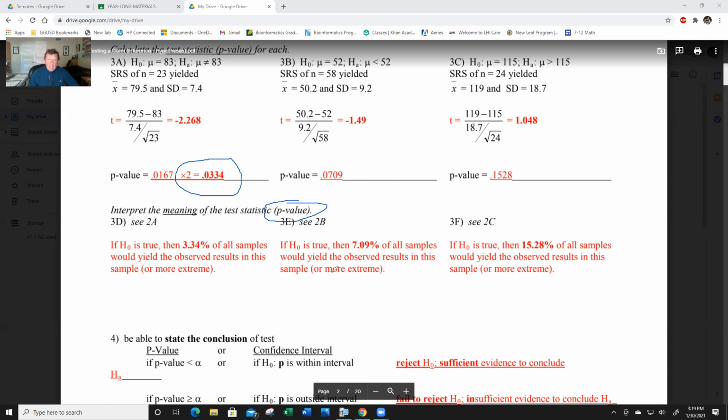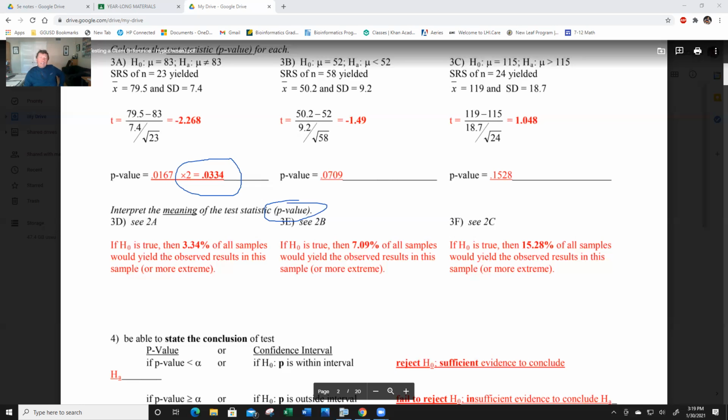For example, B: if H0 is true, then about 7% of all the samples would yield the observed results in this sample or marks stream. I almost prefer the second one that I say. There is a 7% chance we would get data this extreme, even if H0 is true. That's another way to write it.